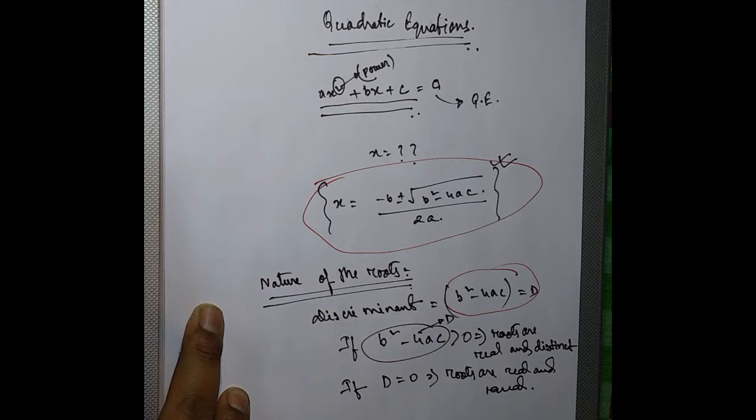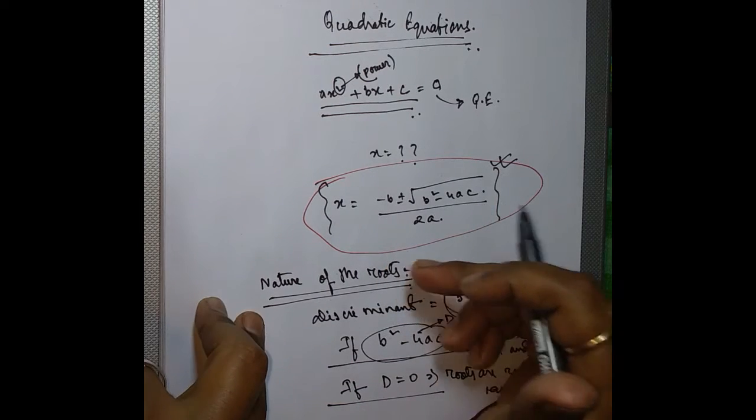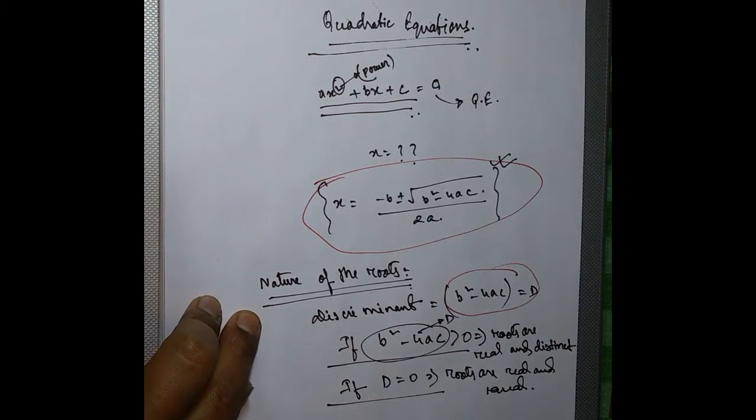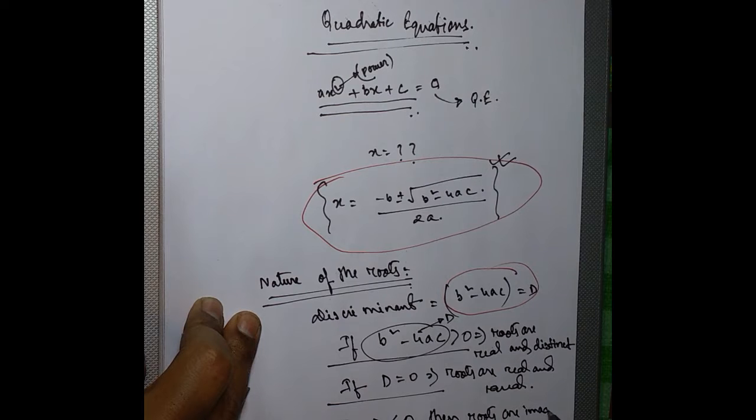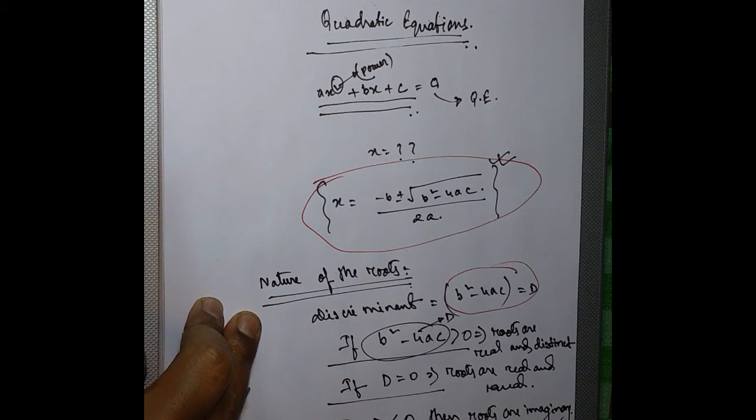Alright, we have to go by the discriminant. Discriminant is a very important thing which tells us the nature of the roots of the quadratic equation. And the third case is if D is less than 0, then the roots are imaginary. Alright, okay.